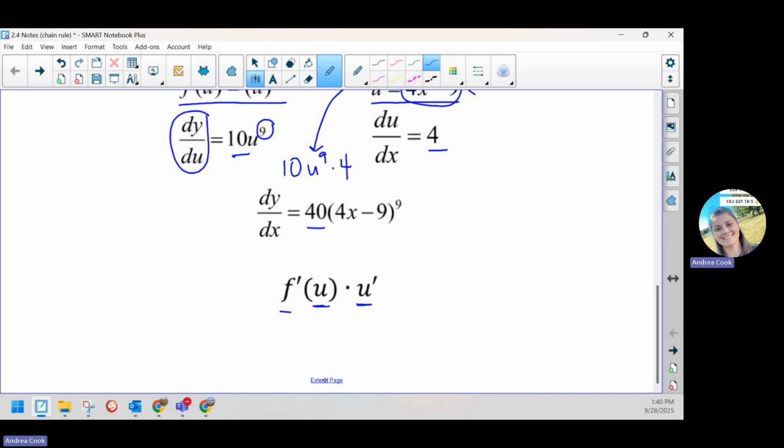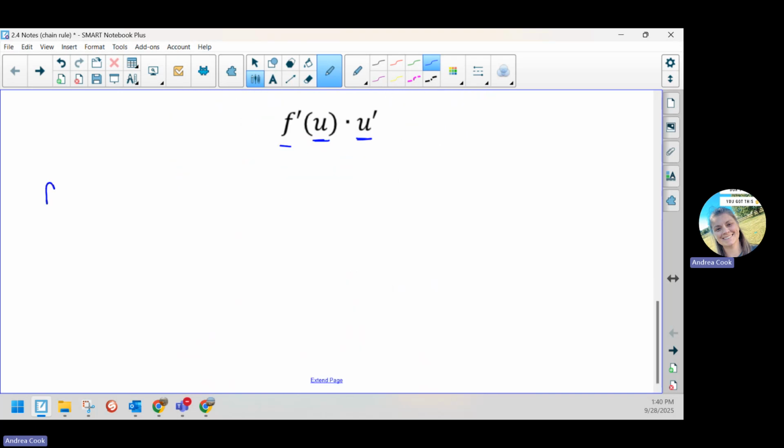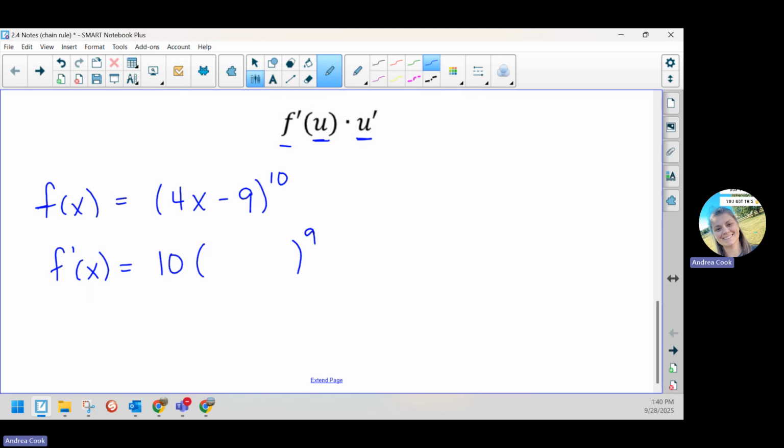Another way of looking at this, so if I have f of x equals 4x minus 9 to the 10th power, you don't have to rewrite it in terms of u. You can just take the derivative of the outside function, which is the 10. So I'm going to bring that 10 down, and I'm going to subtract 1 from the exponent.